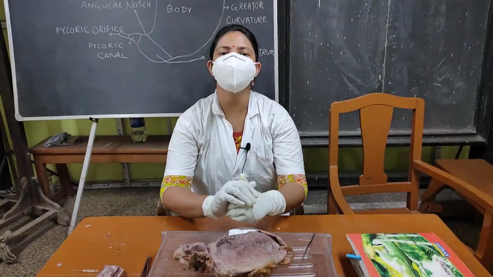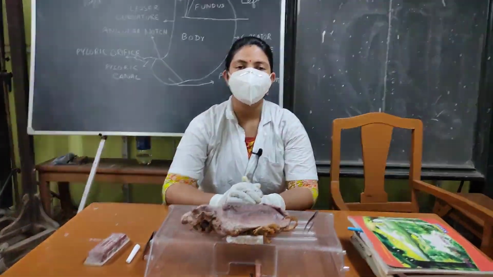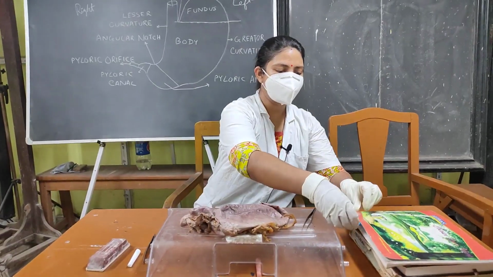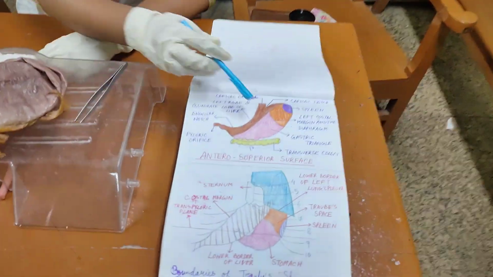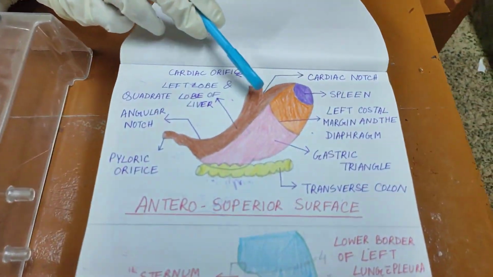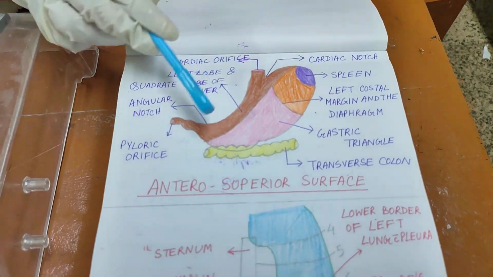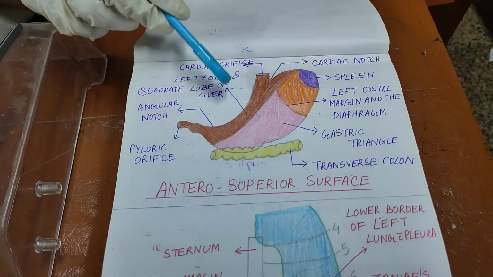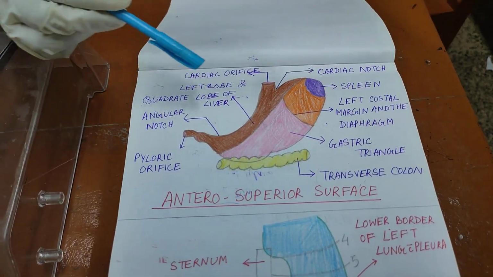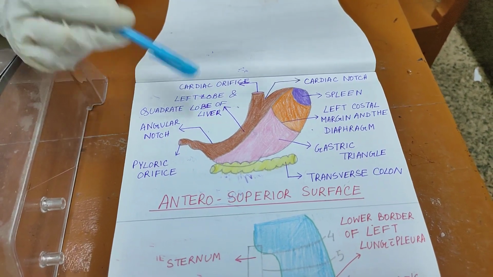This antero-superior surface is related to various structures. What are the structures? Let us look at this picture. This is the right part, starting from the cardiac notch up to the pyloric antrum. This right part is related to the left lobe and quadrate lobe of the liver.